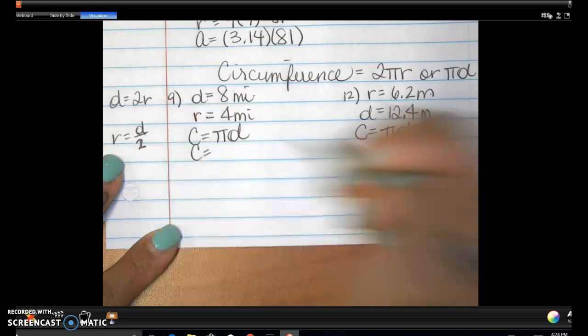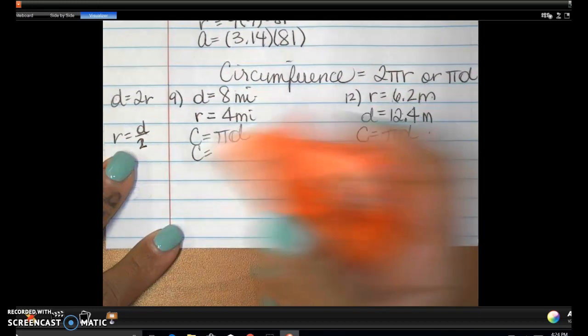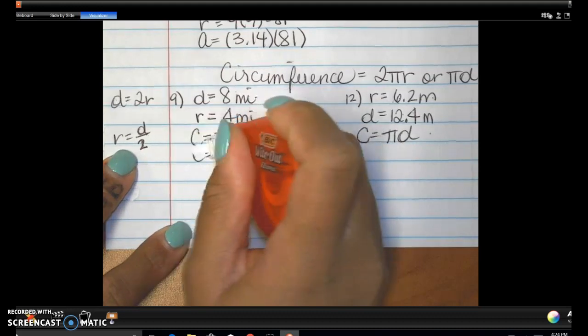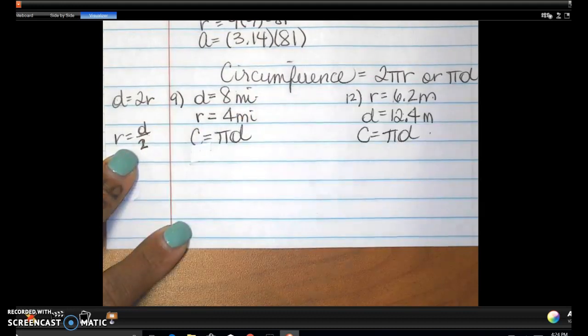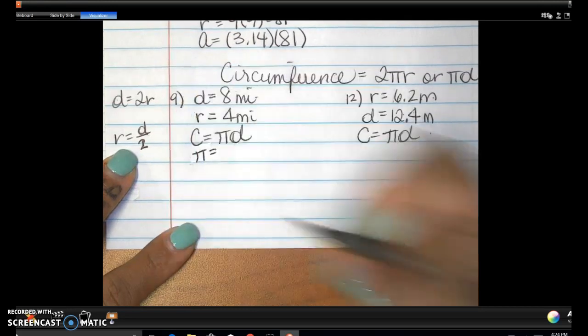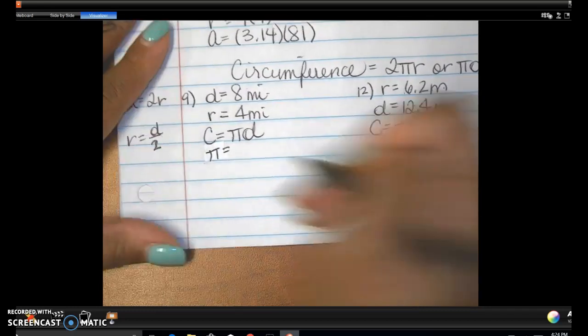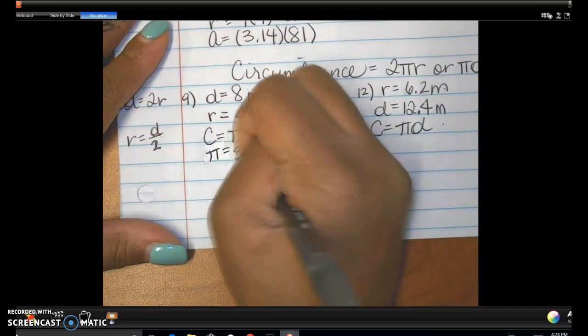So circumference equals, what's pi? Oh, I forgot to define pi. Whoops. Pi is what? 3.14.